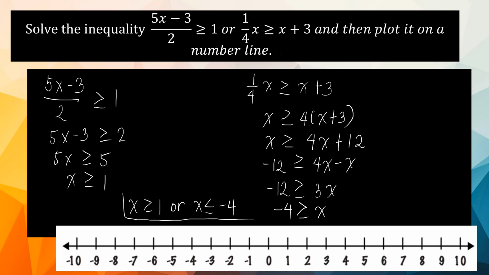Let's plot. We have at 1, which should be filled, so let's shade it. And then at negative 4.